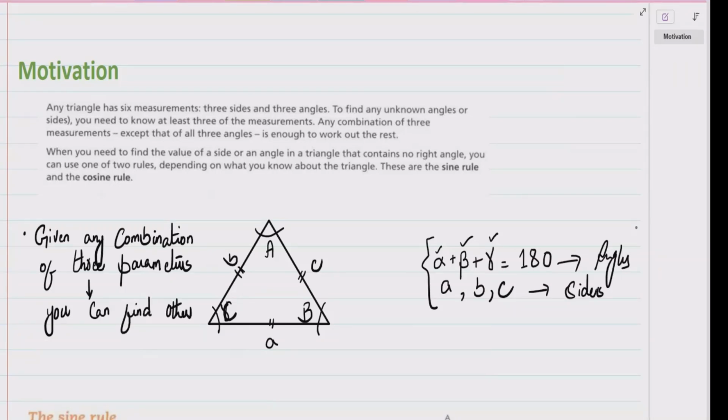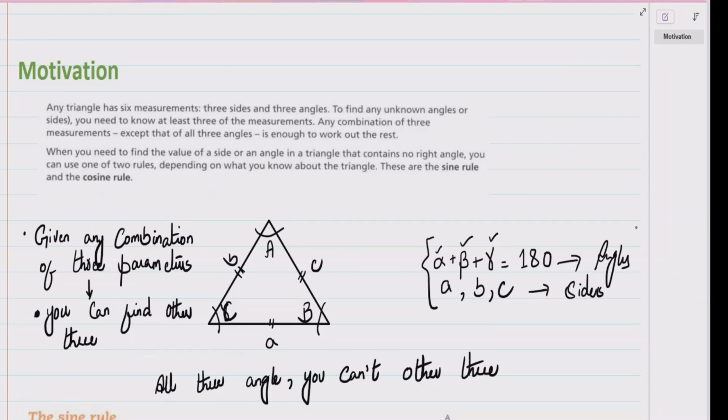But there is some exception. What is that exception? When you are given all three angles, you can't find the other three things, which are the sides, right? So the rule of sine and the rule of cosine help us to find the other three parameters when any three are given.